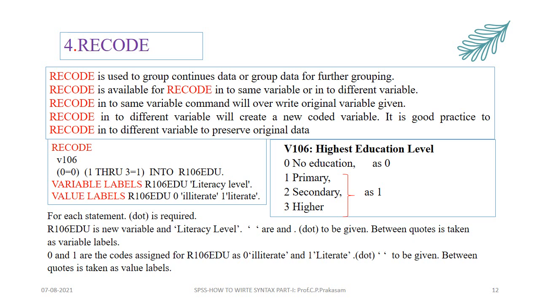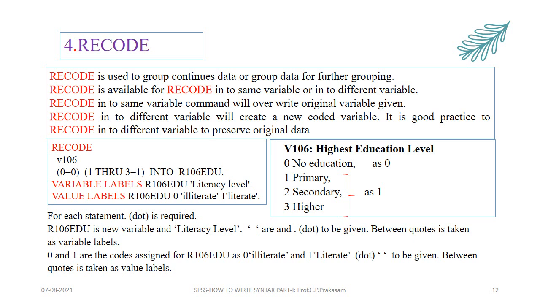Therefore, we have to club the primary, secondary and higher into one code. For that purpose, you can see on the left side RECODE V106 and we have to identify the values for that. Therefore, 0 equals to 0. Why we are calling 0 is the code, and 0 code is given as no education. And next we have to club 1, 2, 3.